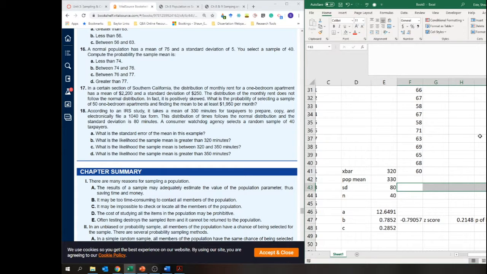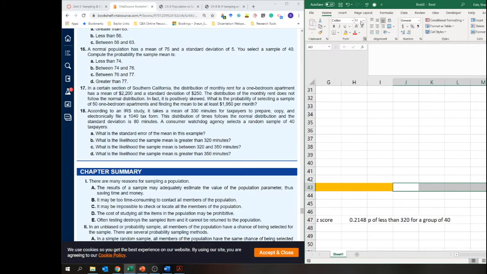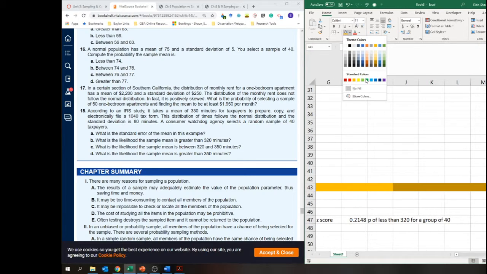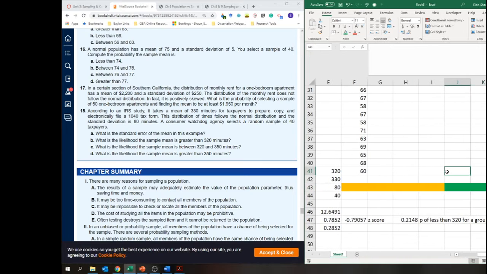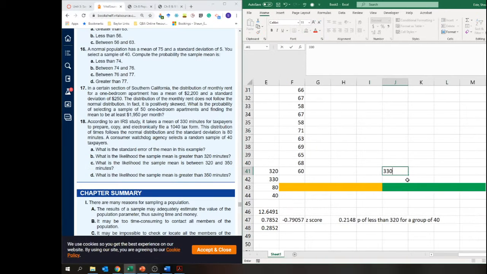Okay, these are all of the individuals that are 330 minutes or below. These are the individuals that are 330 minutes or above. So this right here is 330 minutes, and this is the mean.